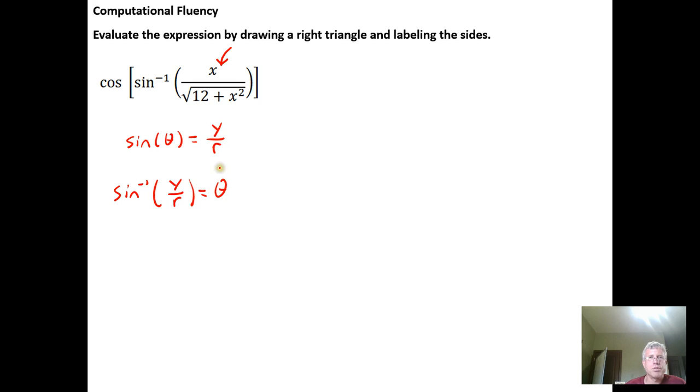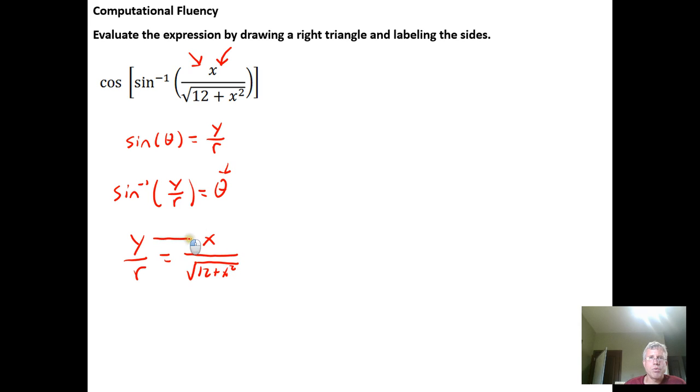And what we want to do is construct this angle by recognizing that we're putting a side ratio into the sine function. If it's y over r going into the sine function, I look up here. Well, what's getting put into the sine function up here? x over the square root of 12 plus x squared.